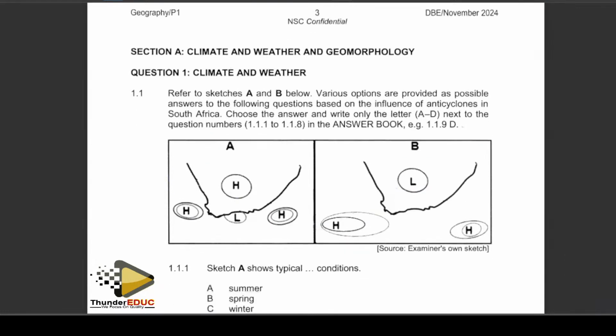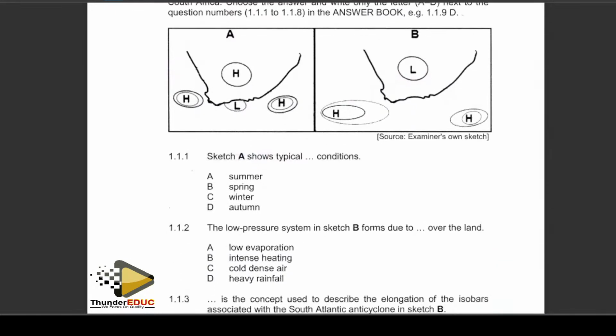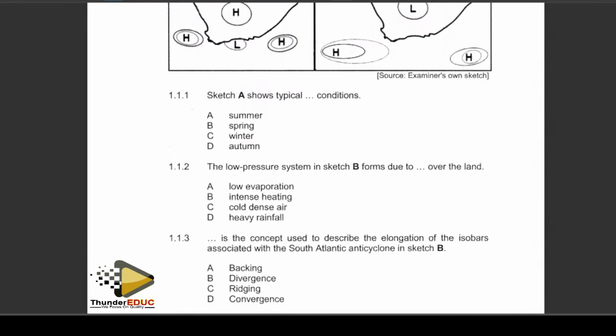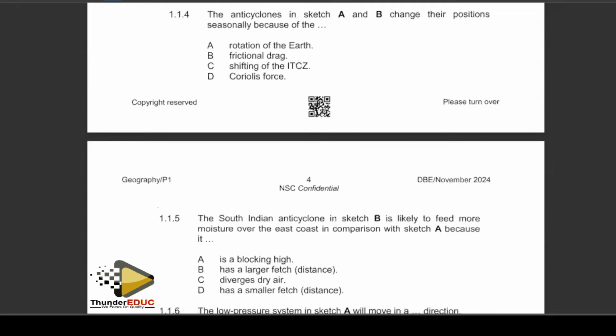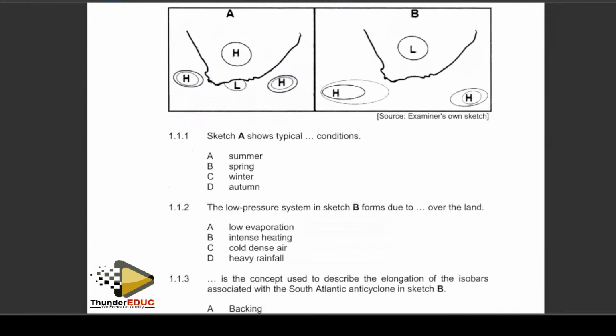Right, let's come to our question and see what the question requires us to figure out. Sketch A shows typical dash conditions. We've talked about that. Sketch A is showing a high pressure cell over the interior and a low pressure cell on the coast, which is a coastal low.